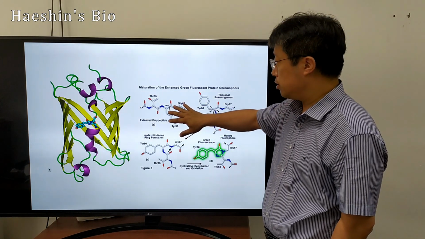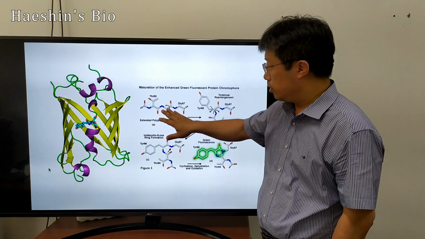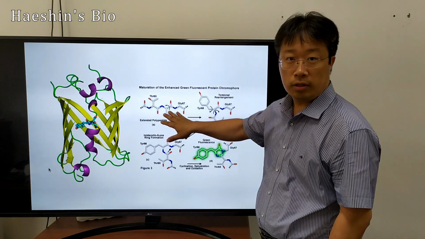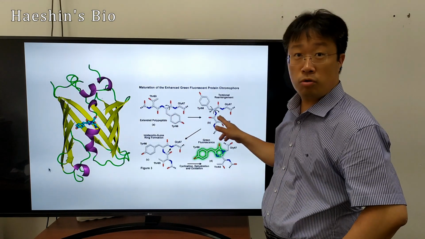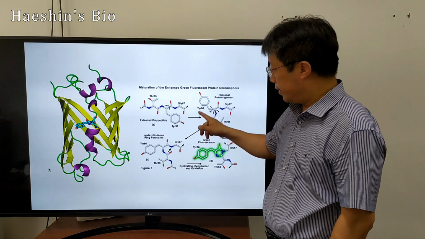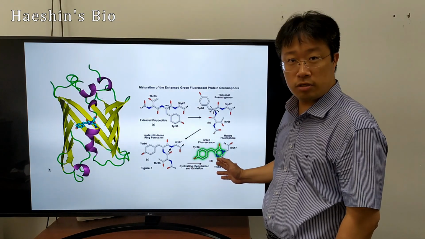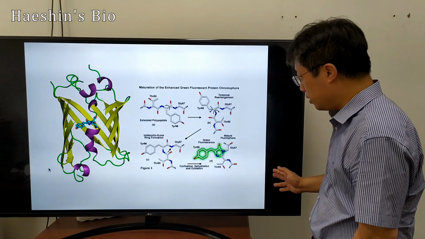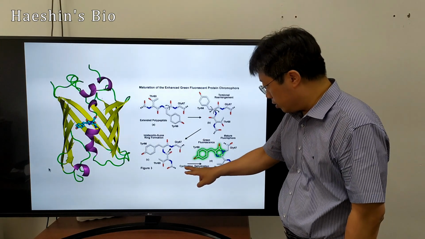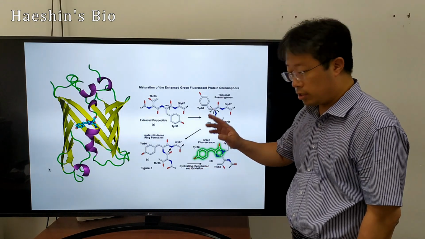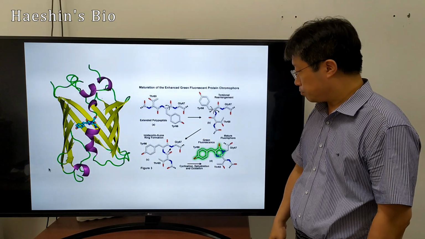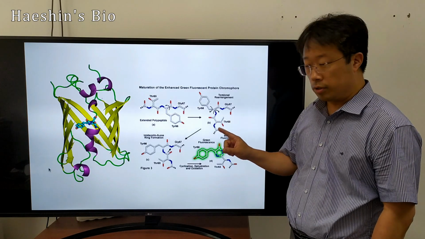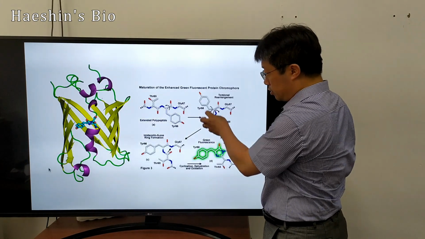So this means that the kinetics of rotating from the energetically stable structure is a very slow step. And then what happens is the reactions are very fast. When that happens, the cyclization, dehydration, and oxidation all happen very fast. So that is number one: tyrosine is involved.